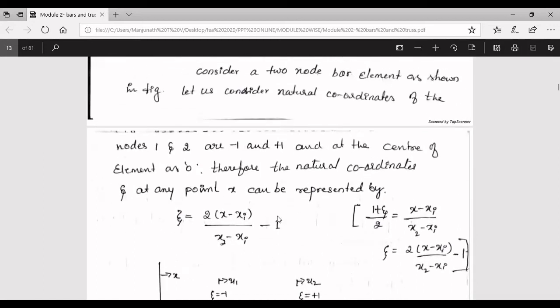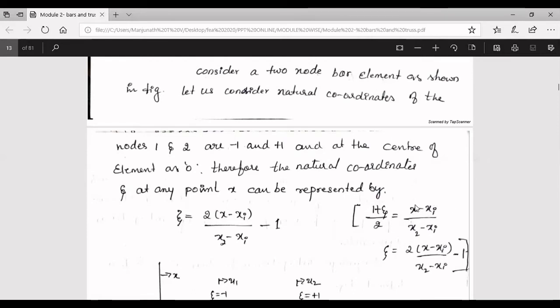Now the natural coordinate at any point x can be represented as zeta, which is equal to (2x minus x1 minus x2) divided by (x2 minus x1). We get this by relating the natural coordinate system to the global coordinate system.